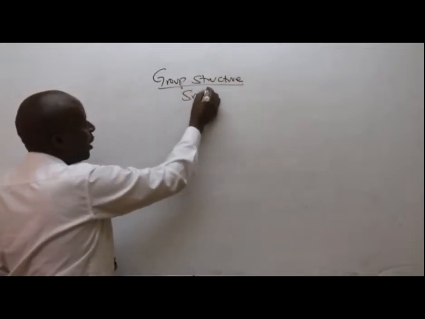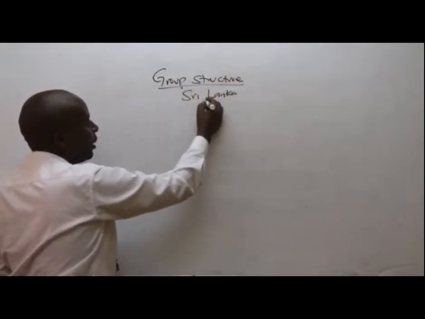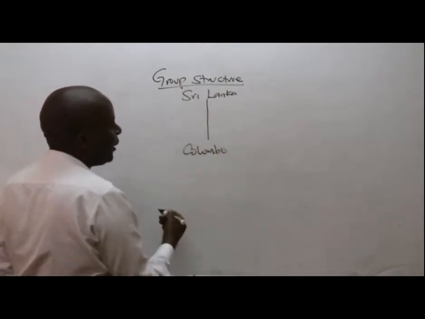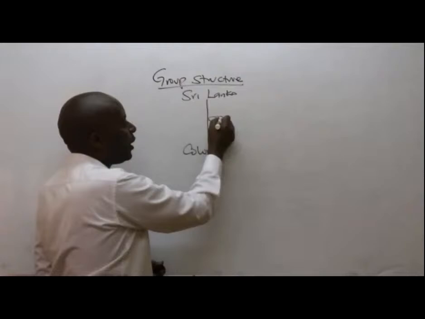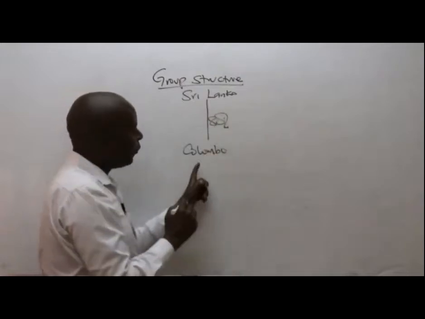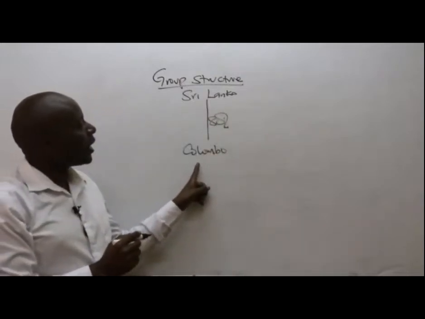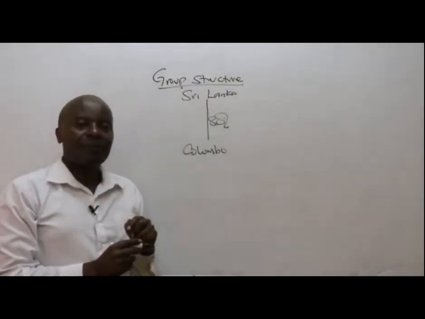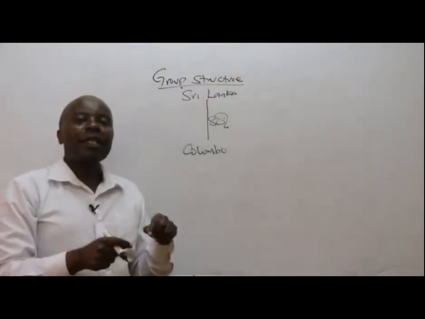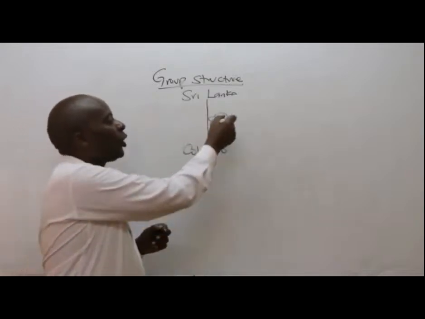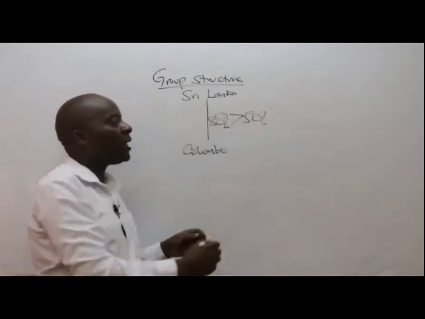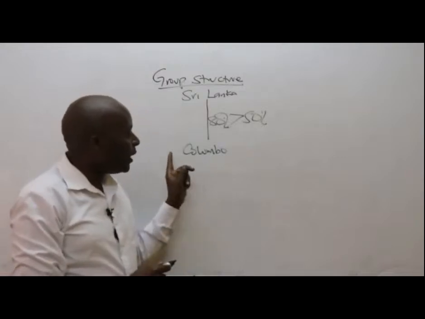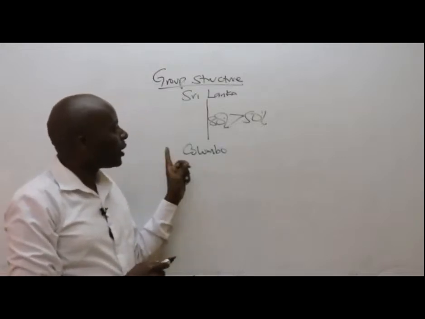We have Sri Lanka, which owns 80% of Colombo, and therefore Colombo is a subsidiary of Sri Lanka, because of a significant shareholding, a shareholding which is more than 50%.